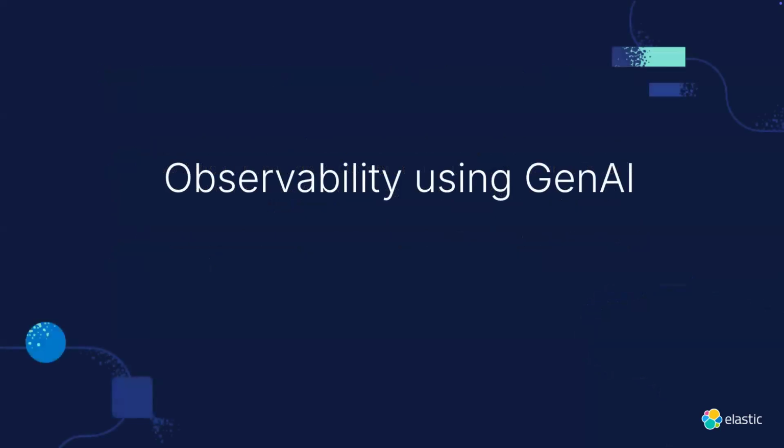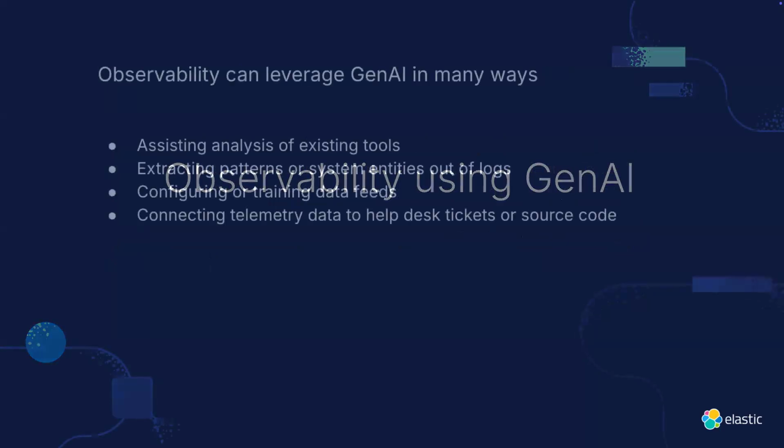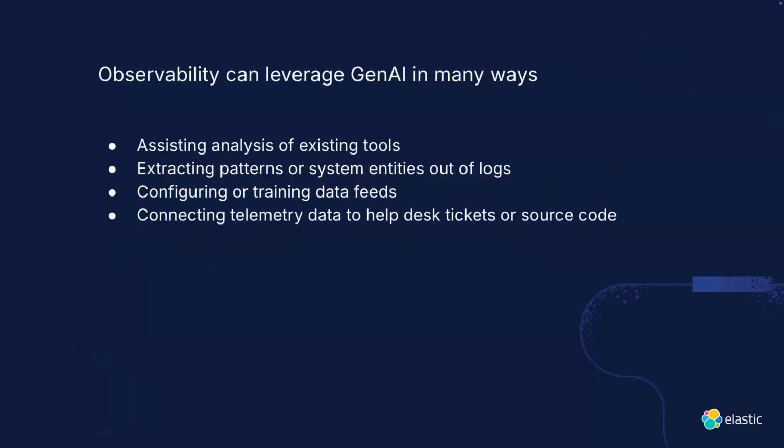So with the last part here, we'll go over observability using GenAI, which I think is kind of interesting. When you're doing observability or monitoring, if you don't like that name, you can think of it as there's a few things it can do pretty well. It can assist analysis of things that you already have, like dashboards. It can help you extract patterns so you don't have to memorize them and then figure out how to do the config file.